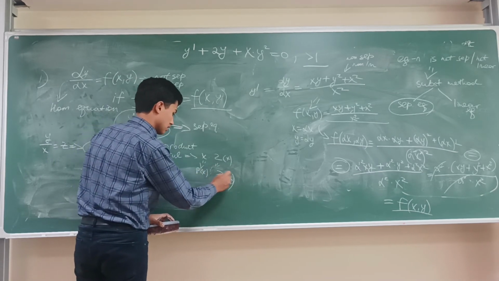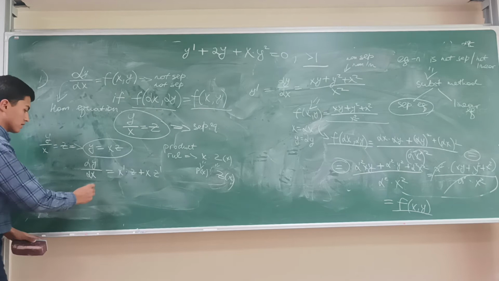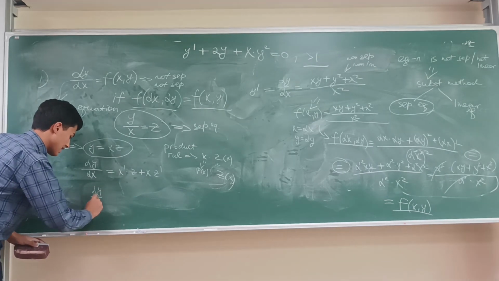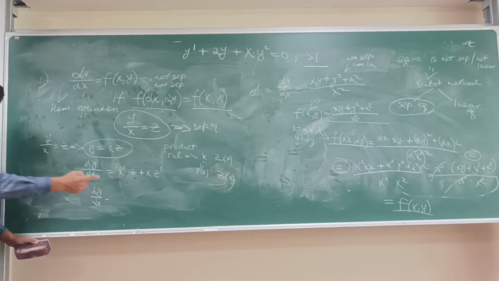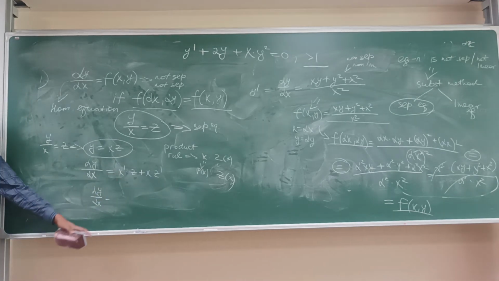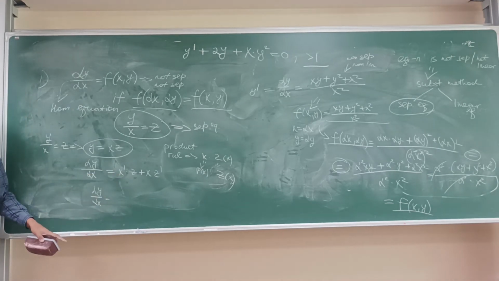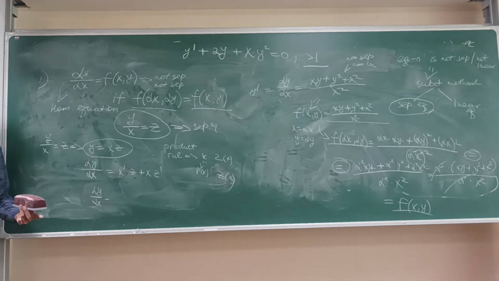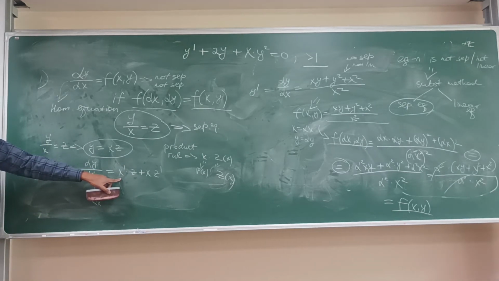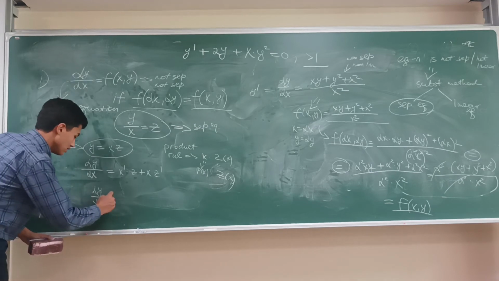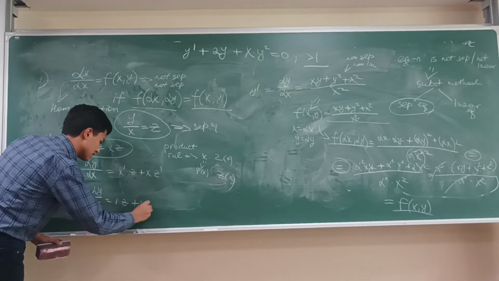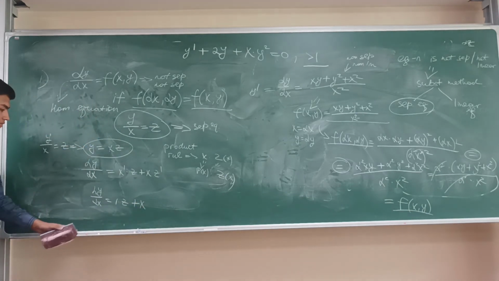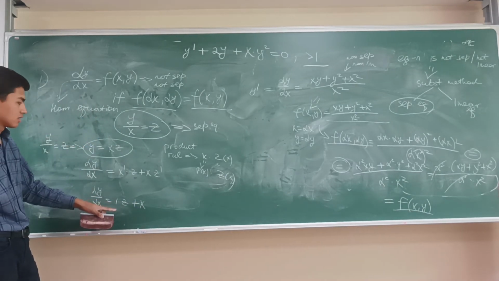So dy/dx. What's x prime? The derivative of x is 1, multiplied by z, plus. How do you take the derivative?